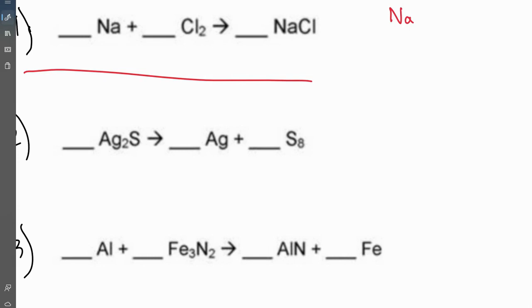The second element we run across is this chlorine, Cl. Then we get this arrow. The arrow tells us that on the left of the arrow is the reactants. That's what we start with. On the right of the arrow is the products. It's what's produced, or what we end with.